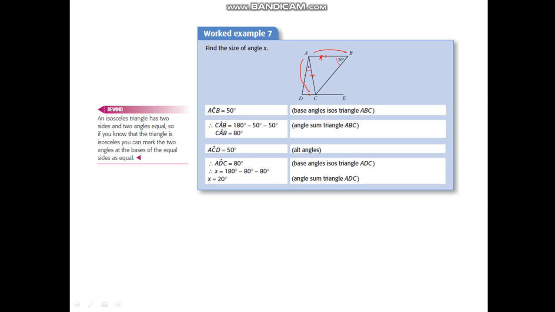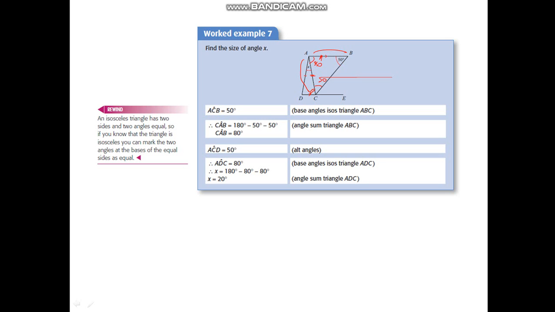AB and AC are equal, so that's why their angles also must be equal. Here also must be 50, because this angle is 50 and this one must be 50. 50 plus 50 is 100 and the third one must be 80, because interior angles of a triangle is 180.